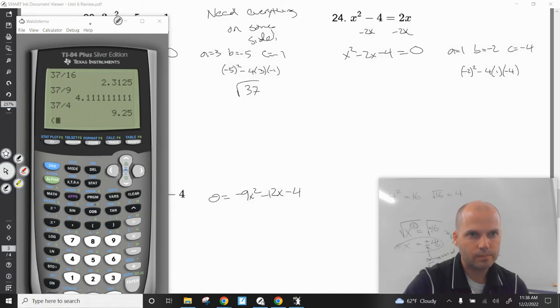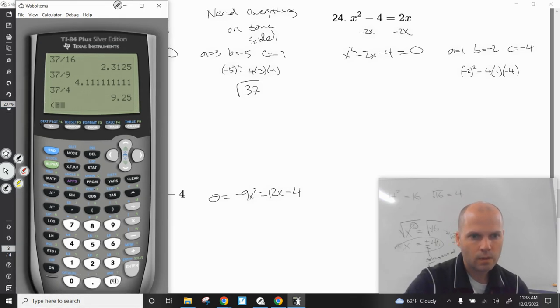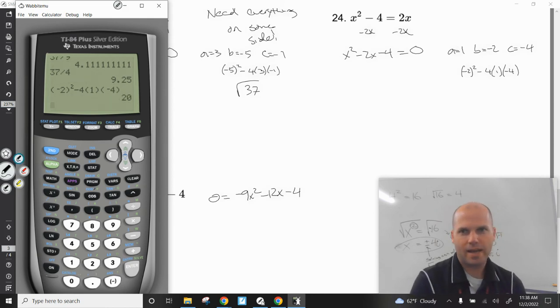Move up a little bit. -2 squared minus 4 times A times C. 20. That is B squared minus 4AC. That's what goes under the square root.